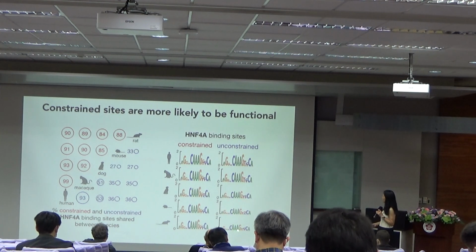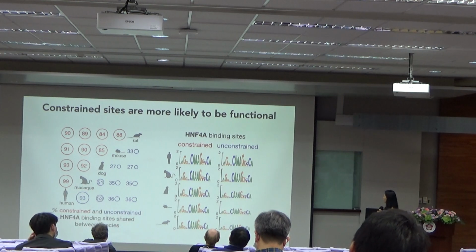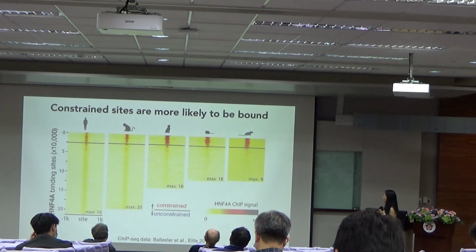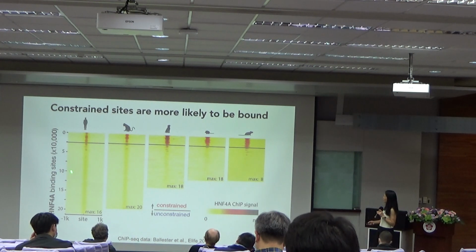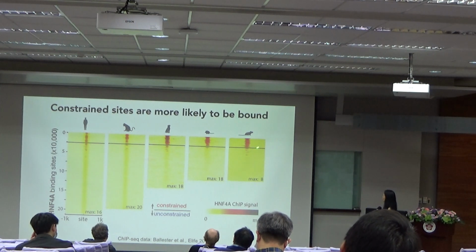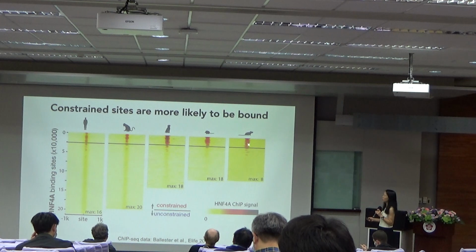When you go to more distant species, the logo becomes shorter and they're less likely to be bound. We looked at the ChIP-seq datasets of the same transcription factor in each of the species, and the sites on the top are the constrained sites, and they're more likely to be bound in the respective species, and the non-constrained sites are less likely to be bound.